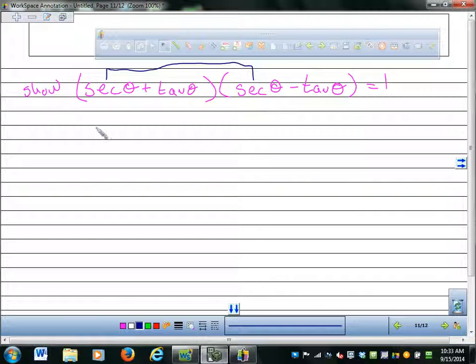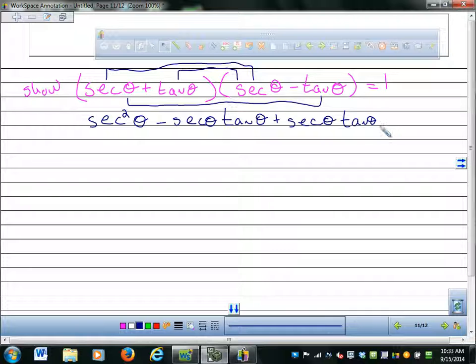So secant theta times secant theta gives you secant squared theta. That's the two first. The two outer terms give you minus secant theta tan theta. The two inner terms give you what? Plus secant theta tan theta.